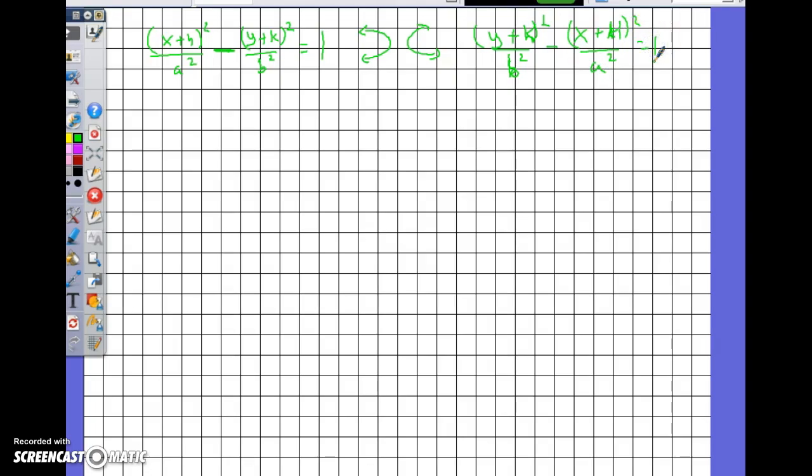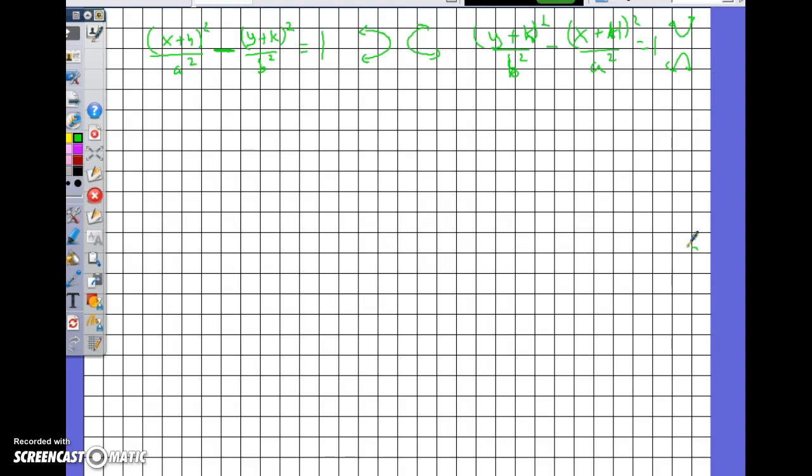Which way is that going to open? It's going to open like this and this. So if y minus x opens up and down, x minus y opens side to side. That's something you just kind of have to know. That's not something that's going to be inherently obvious in what you're doing.